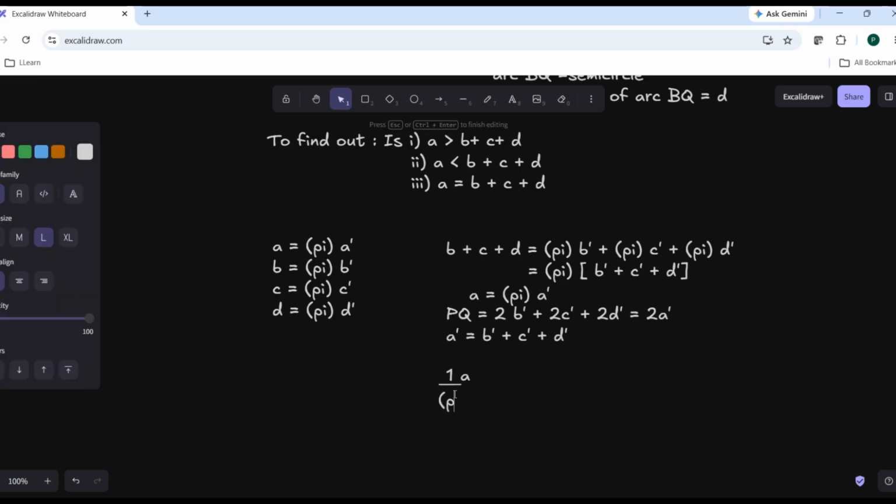See, A is equal to pi into A dash, so A dash will be A upon pi. Similarly, we can do it for B dash, C dash and D dash, right?